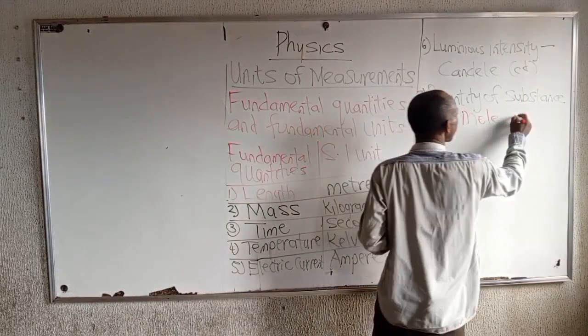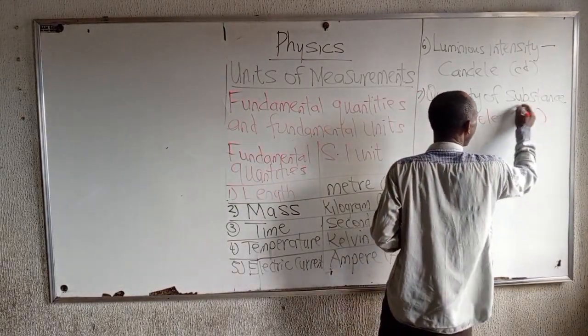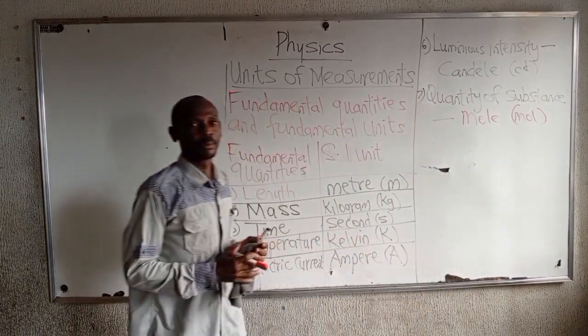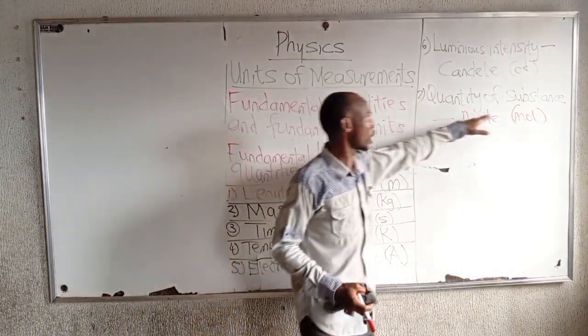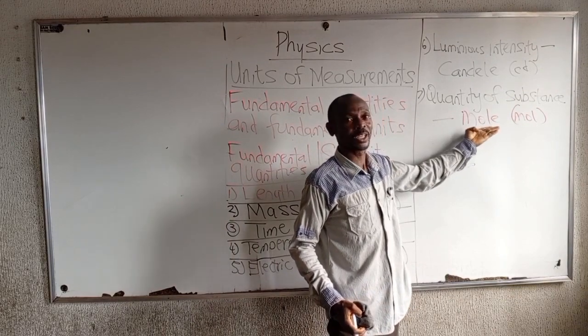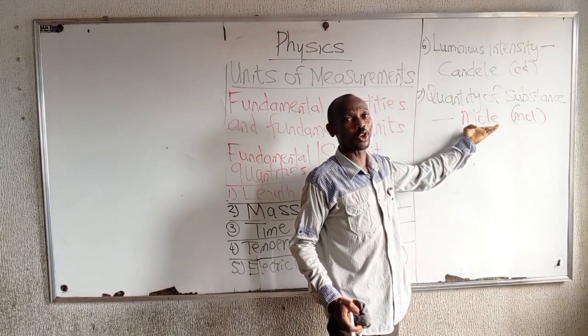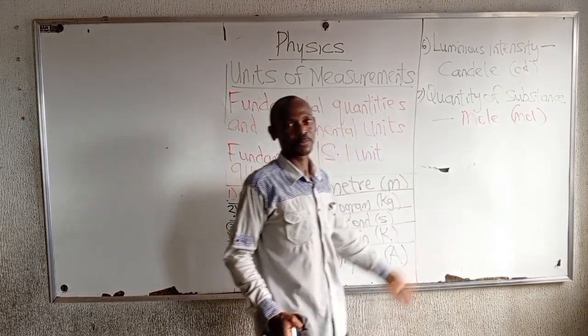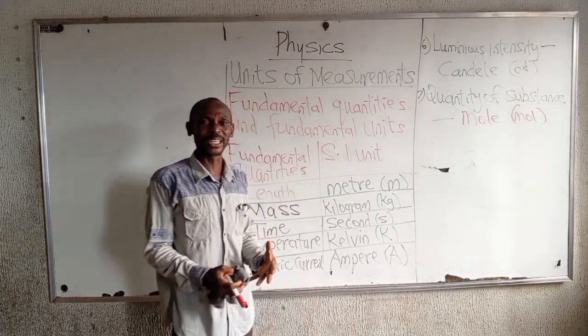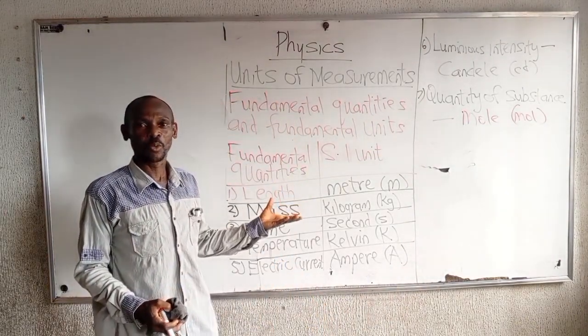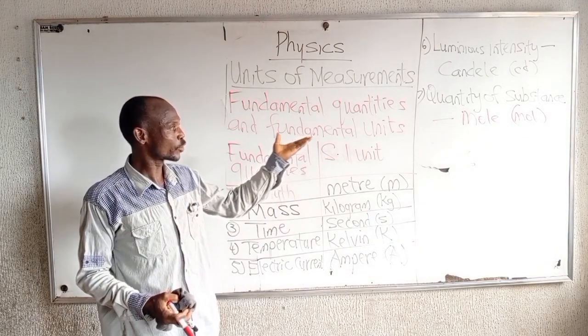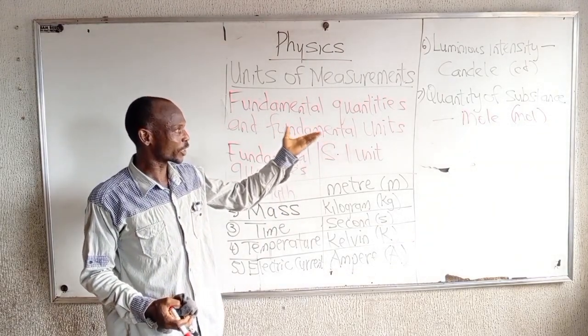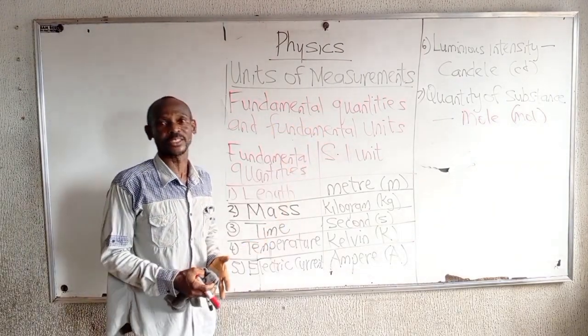And the symbol is mol. But for our quantity of substance, most times it's more or less used in chemistry, when we are looking at chemicals and other substances.